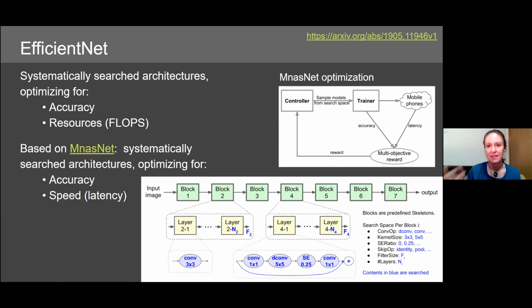So they had this controller who would sample a model from that search space. So it would come up with a given combination of operations for each of the layers. It would send that model out. The trainer would train the model and evaluate the accuracy, and also, in the case of MNASNet, send the model to a phone where it would measure the latency, or the time that it took that model to run.